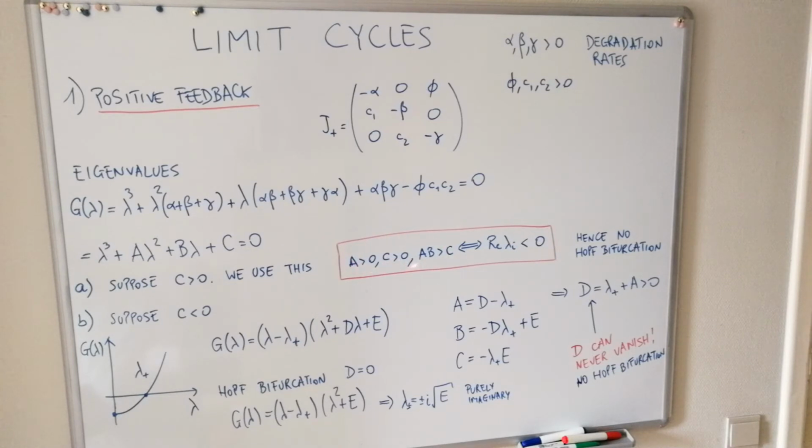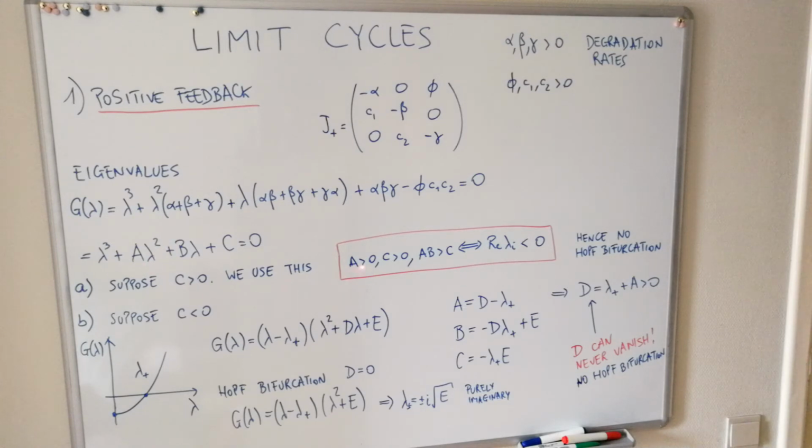For a polynomial of third degree, with the following properties: A is positive, C is positive, and A times B is larger than C. If these three properties hold, then it implies, and vice versa, so these two statements are equivalent, that all real parts of the roots of this polynomial are smaller than 0. If that's the case, there is no Hopf bifurcation.